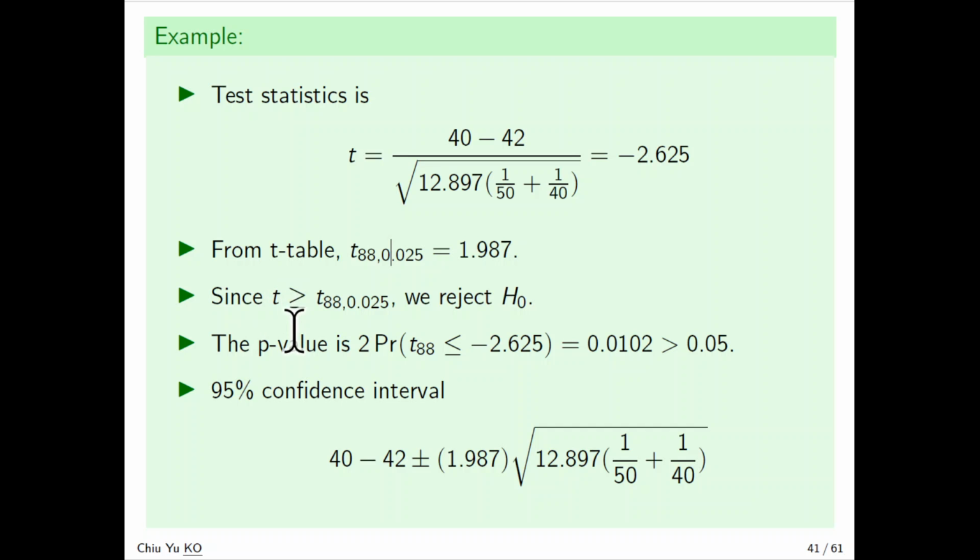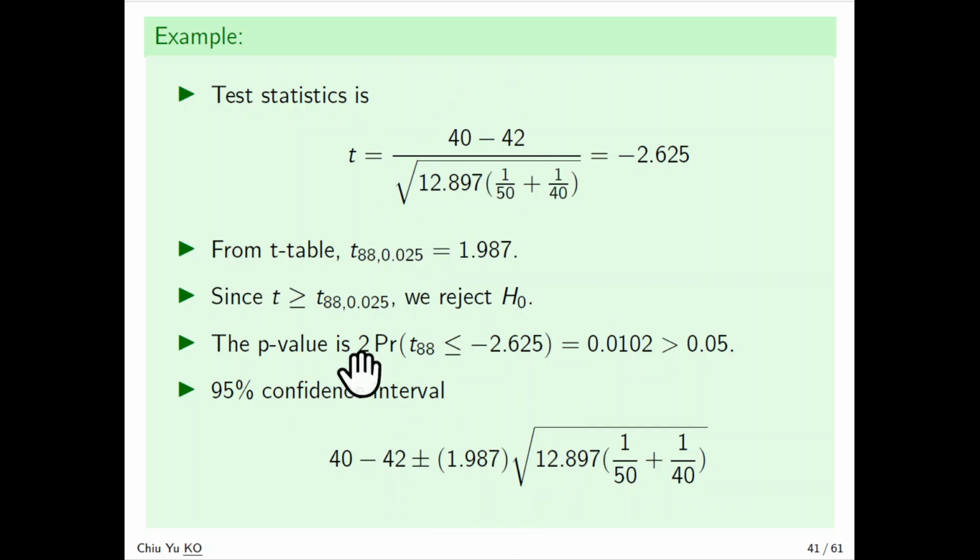The absolute value of t, 2.65, is greater than the critical value, so it's more extreme and we reject. The p-value, two times the tail probability of 2.65, is about 0.01, which is much less than 0.05. The confidence interval is the difference plus or minus the t value times the denominator of the statistic.